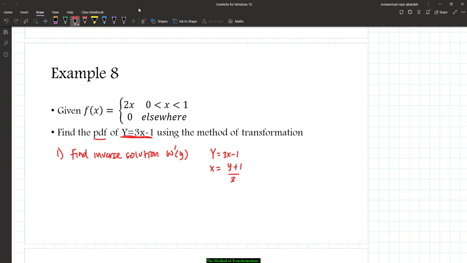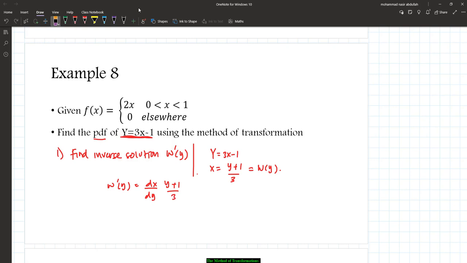So this is the w(y), right? So we want to find the derivative of the inverse solution w(y), which is d/dy of (y plus 1) divided by 3.